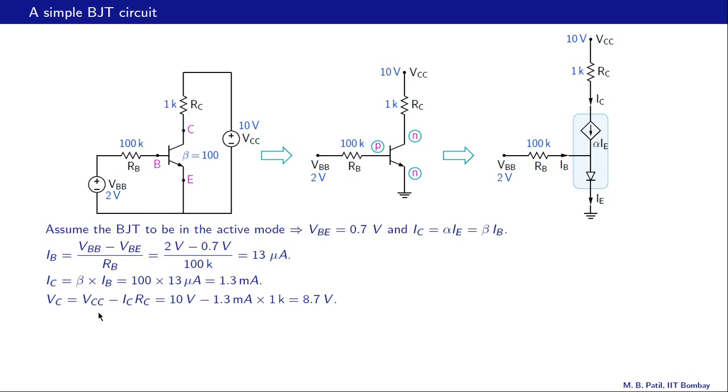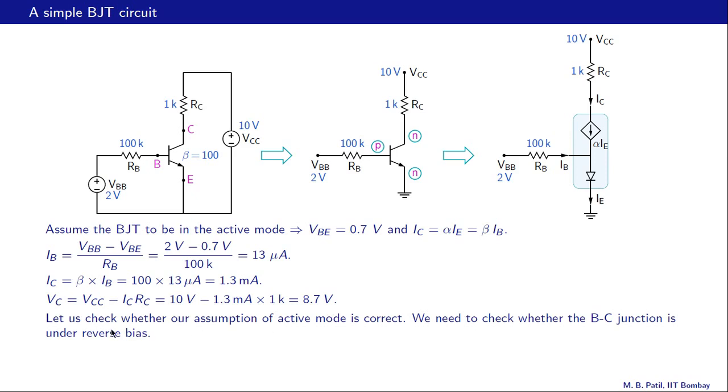So 10 volts minus 1.3 milliamps times 1K, that turns out to be 8.7 volts. So let's get the complete picture now. This is 2 volts. This voltage drop is 0.7 volts, but this is at 0, so this is at 0.7 volts, the base, and the collector is at 8.7 volts. So now we know the voltages at all terminals of the BJT.